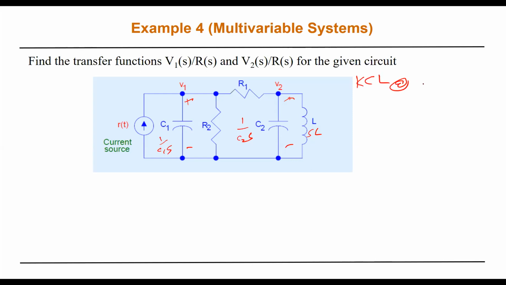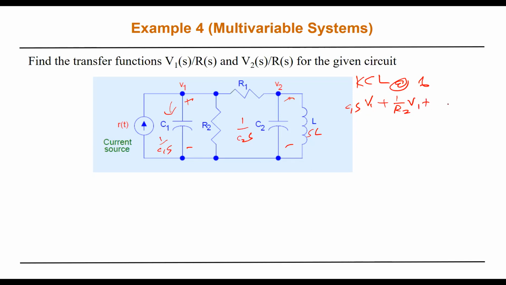At minus R(t). Okay. V1 over 1 over C1S, so V1 times C1S, because it's dividing by 1 over C1S. Plus V1 over R2.